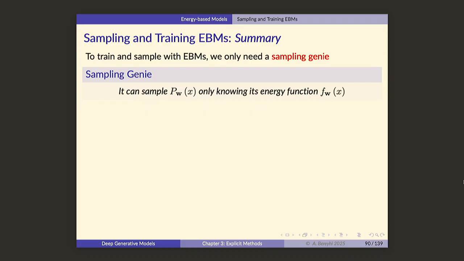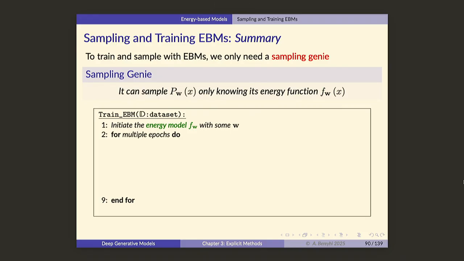And the original problem is that we are unable to sample a big distribution, because it's exponentially hard, right? If I am able to do that, at least approximately, then the whole problem is gone, right? So as long as I have the sampling genie, which is able to sample my distribution simply by knowing the energy, then I am essentially able to train my model.